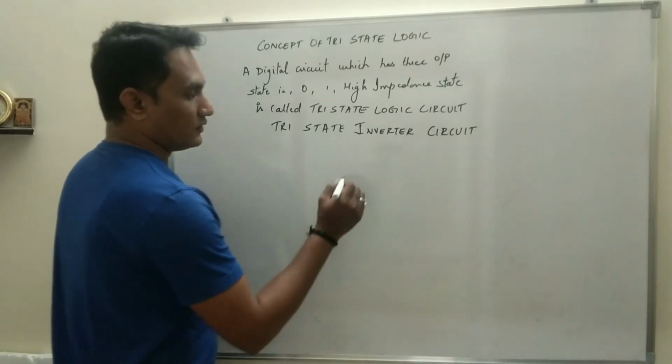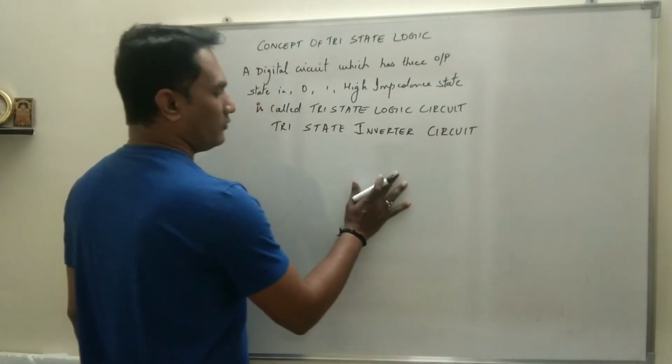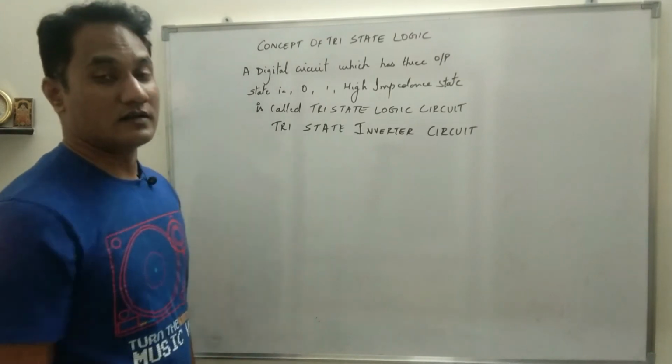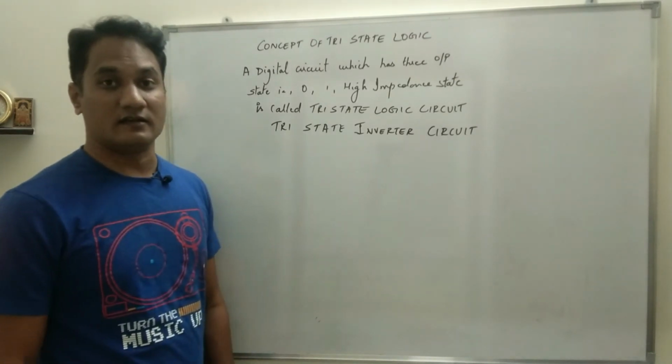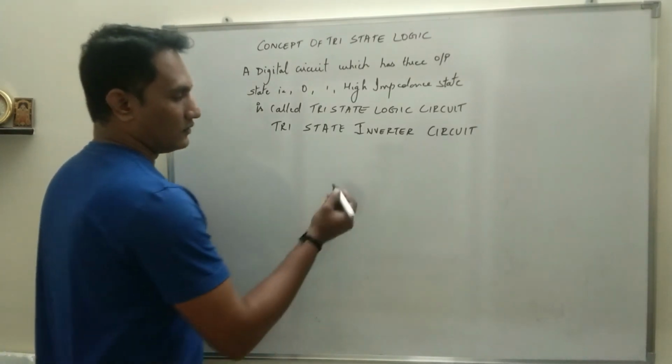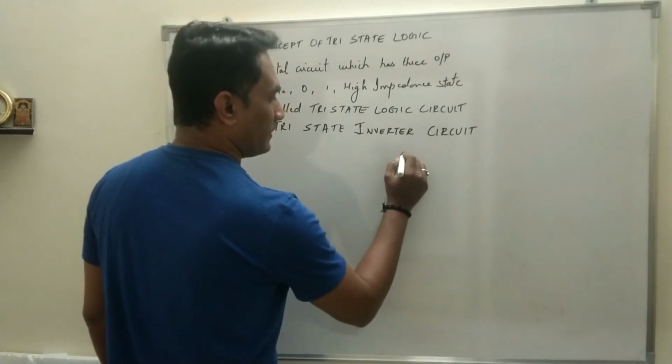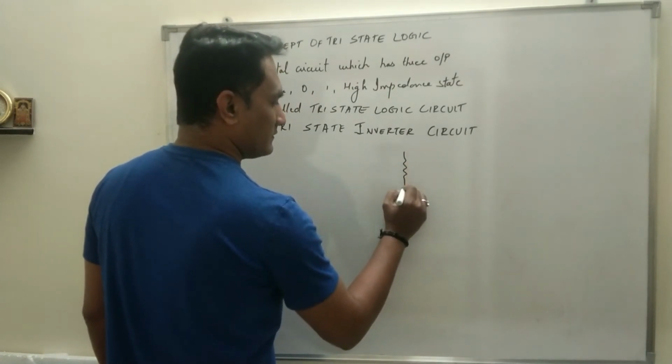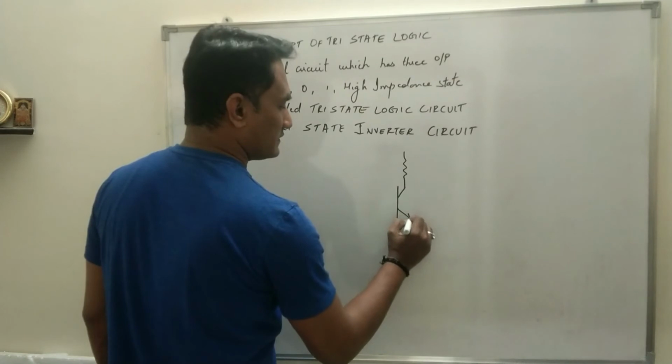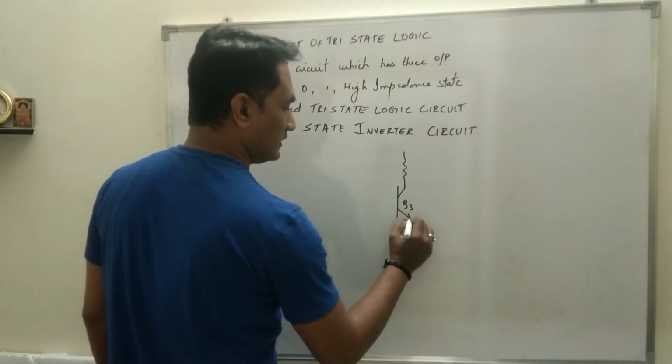Okay, so I will draw the circuit diagram. It is almost exactly similar to what we have earlier drawn for TTL NAND and TTL NOT. Okay, so that will be the circuit diagram. Resistance, transistor Q3.